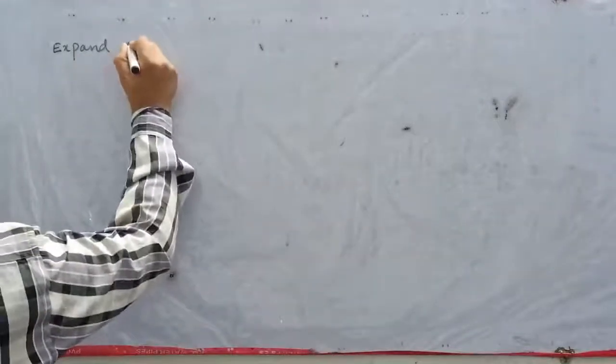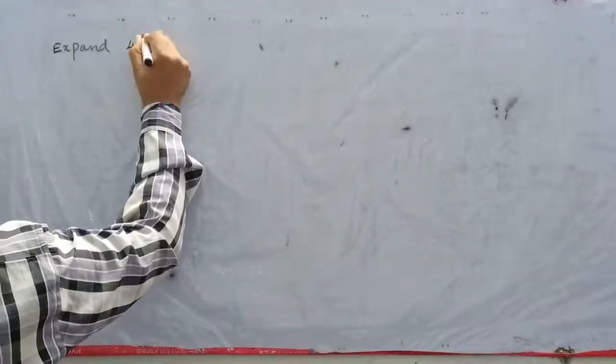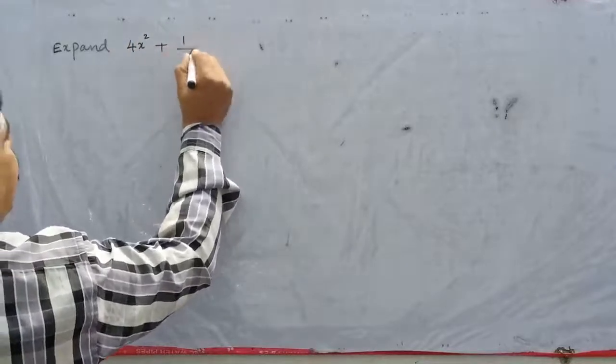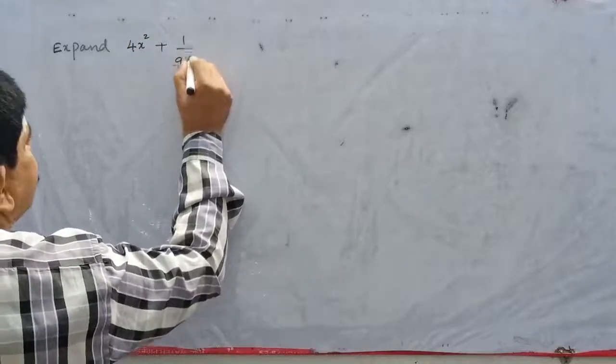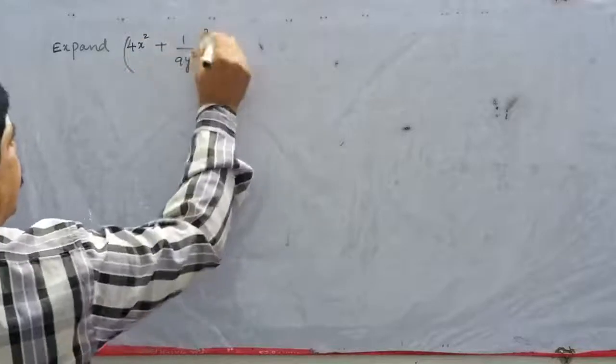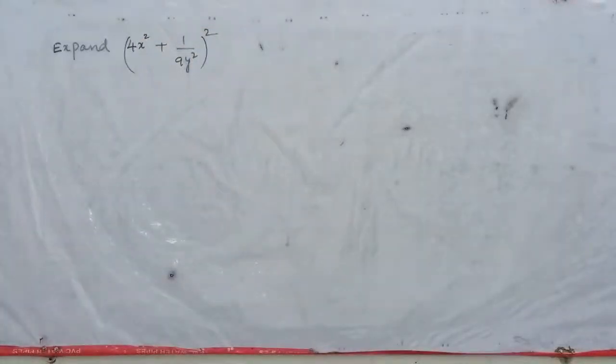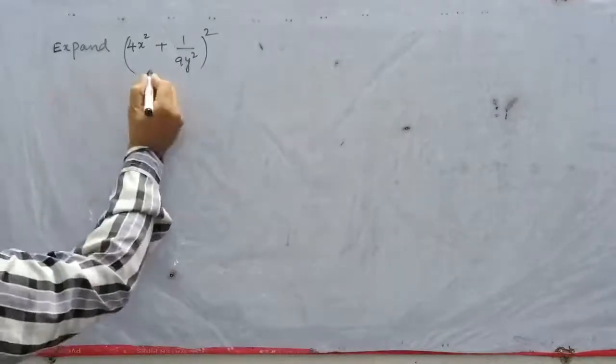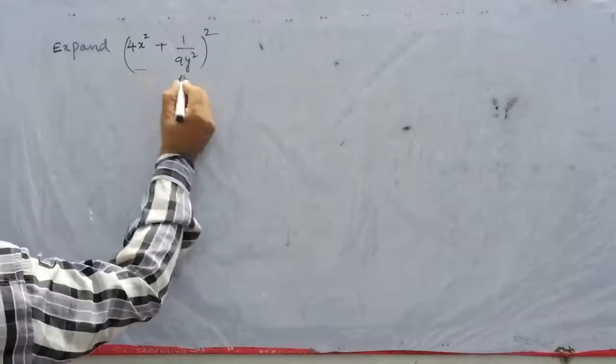Expand (4x square plus 1 by 9y square) whole square. Now this is in the form of a plus b.